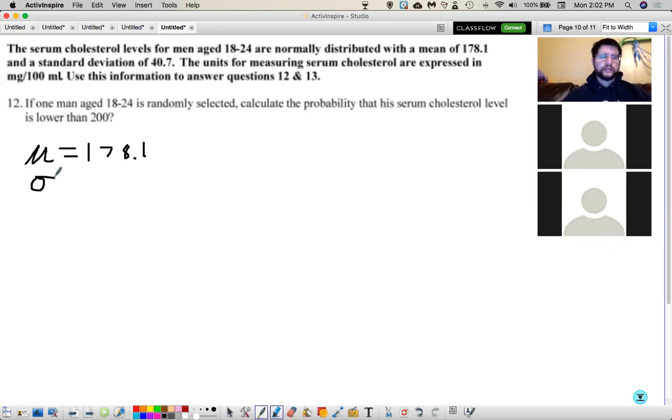Standard deviation is 40.7. And here it says calculate the probability that a serum cholesterol level is lower than 200. So I'll call that X is less than 200. It's been a while, but we can do this by hand first.